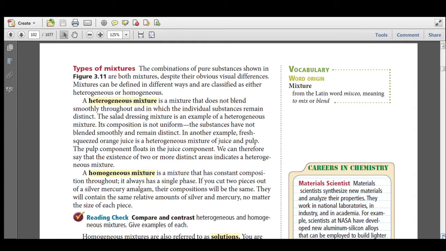The substances have not blended smoothly and remain distinct. And another example, fresh squeezed orange juice is a heterogeneous mixture of juice and pulp. The pulp components float in the juice component. We can therefore say that the existence of two or more distinct areas indicates a heterogeneous mixture.